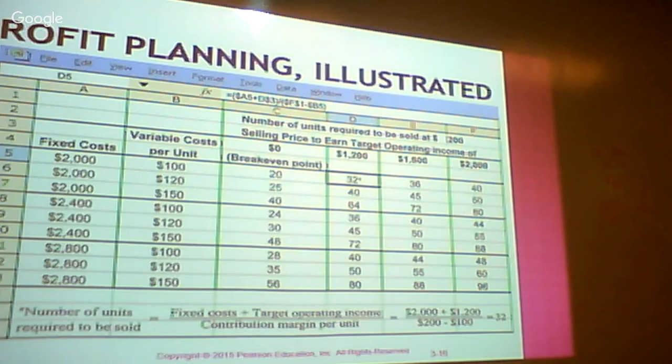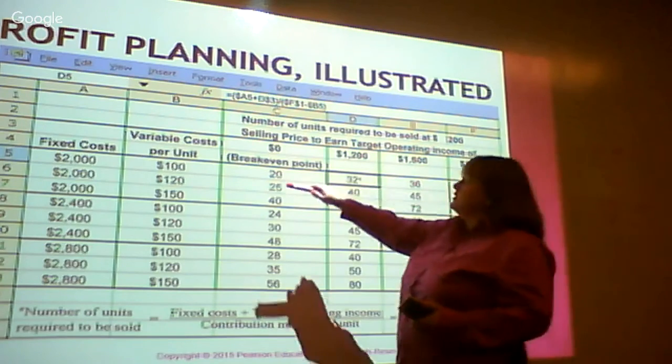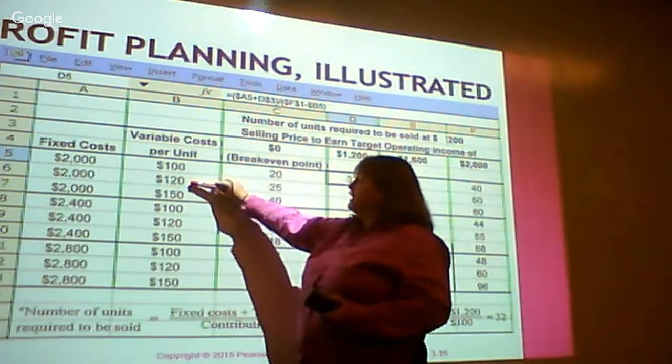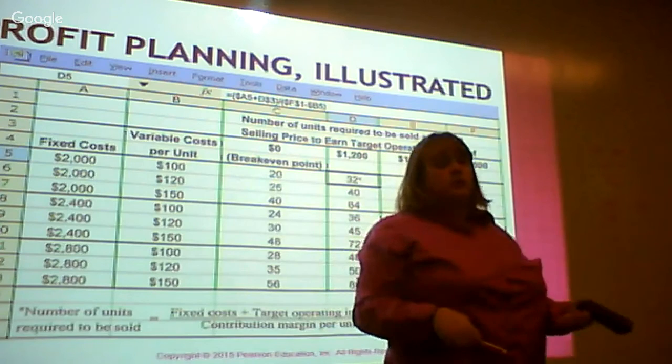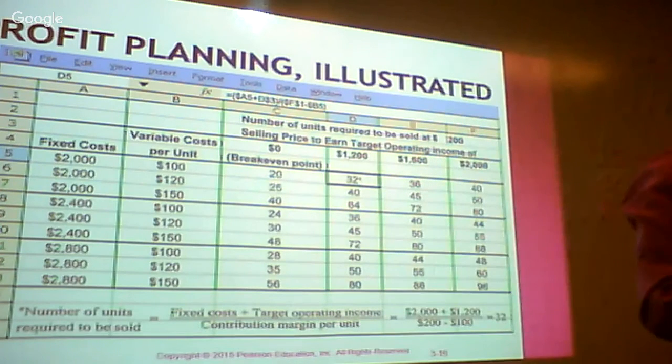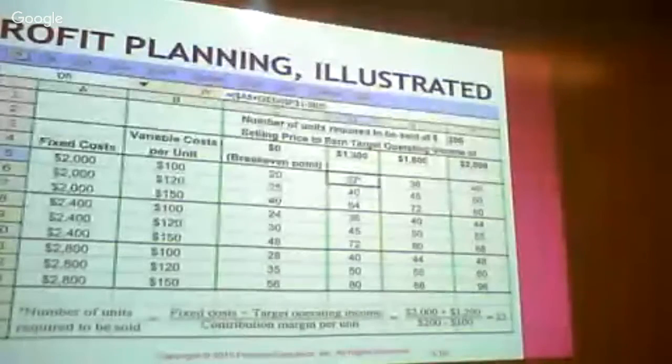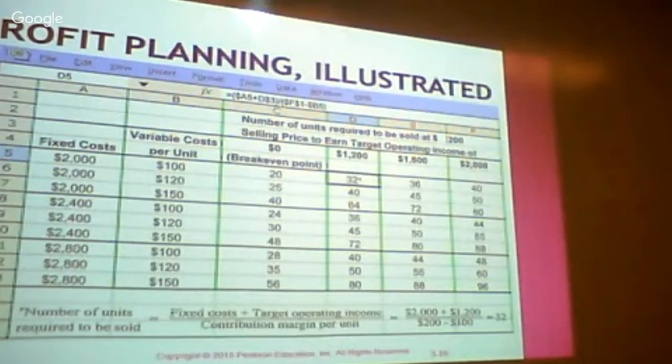Then you do the same thing here. On the $120 in variable cost, only $80 are going towards my fixed cost. Now, here's the key. You have to forget about normal rounding rules in some of these because you can't sell a partial item. You can't have a partial person, right? So you always have to round up.